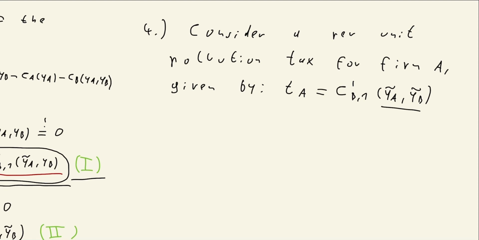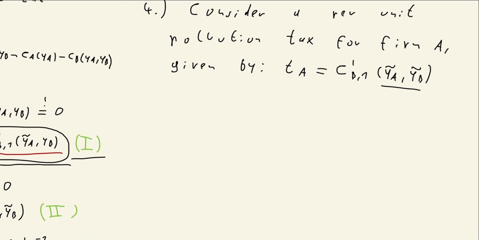In the solution PDF, I'm not using tilde, but YAS and YBS. But just to be consistent here, I will keep on using tilde, and in the solution PDF, it will be an S there. So don't get confused due to this.